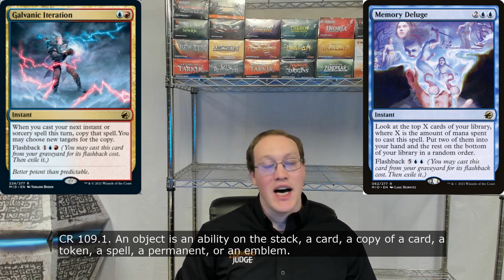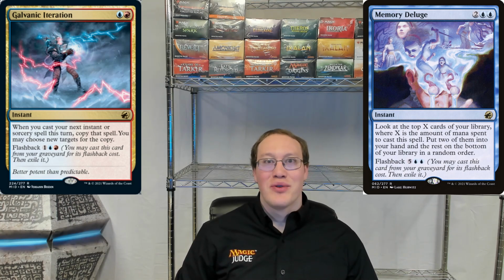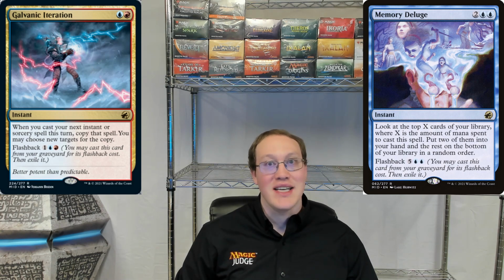Mana is not an object as defined by this rule here, and so that means that when the game is trying to decide what kind of mana we used to cast the copy, we are not going to be looking at how much mana we used to pay for the original spell. Rather, we're just going to look at what we did for the copy. I really wish that there was a more intuitive and less technical reason to explain why this would be the case, but unfortunately that's where we're at.